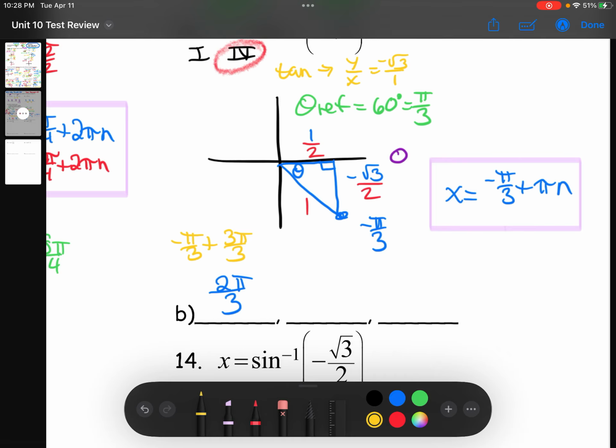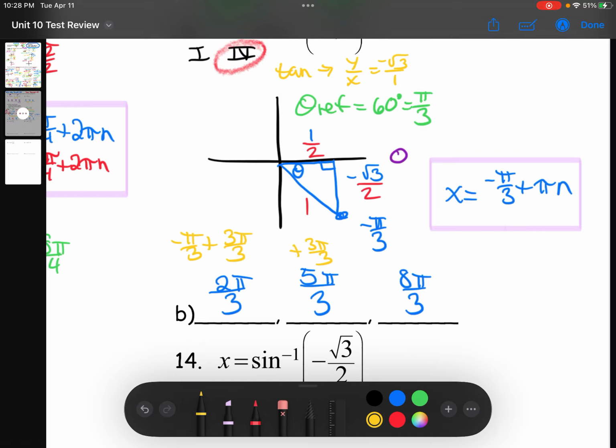And then we will keep adding 3 pi over 3. So that next solution is 5 pi over 3. And another 3 pi over 3 is 8 pi over 3. Again, we keep adding 3 pi over 3 to get to the next solution.